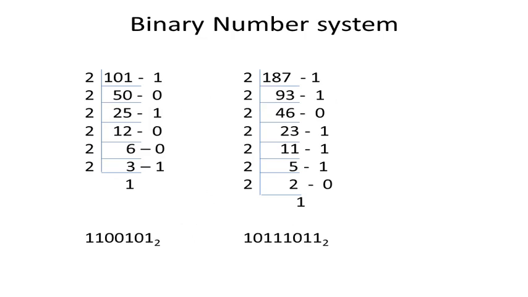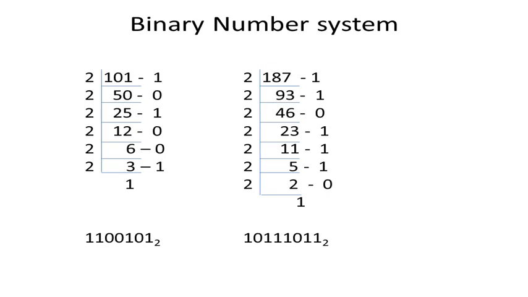How do we convert a decimal number into the binary number system? Here we have shown an example. As an example, we are talking about the number 101. How do we convert it into binary?